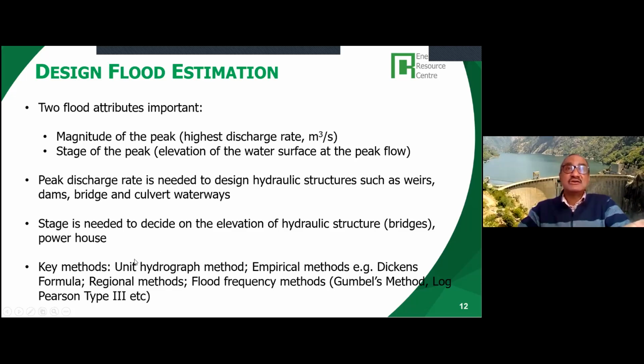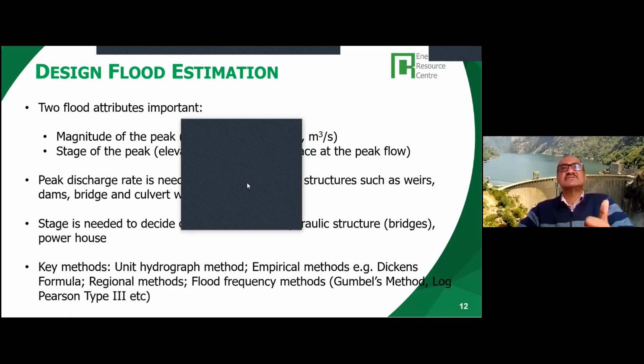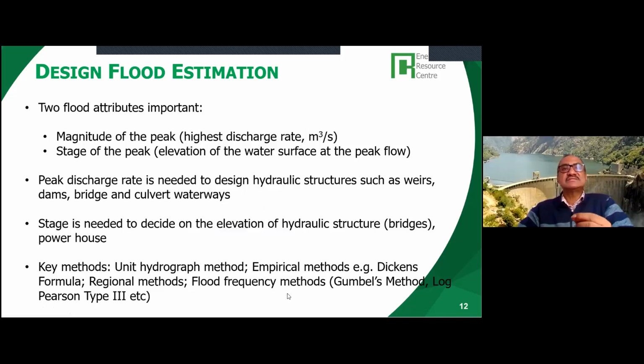What are the different methods to do these flood estimates? There are different methods. A very basic method is what is known as the unit hydrograph method. There are empirical methods based on data, like Dickens, the rational method. The regional method also is based on data; you can make regional graphs for Mozambique catchments.